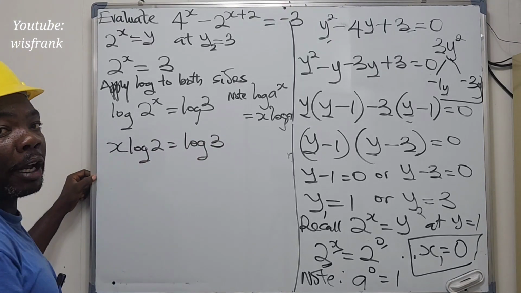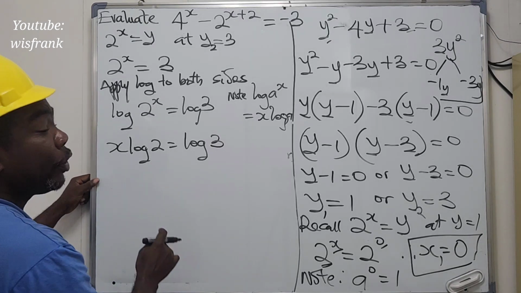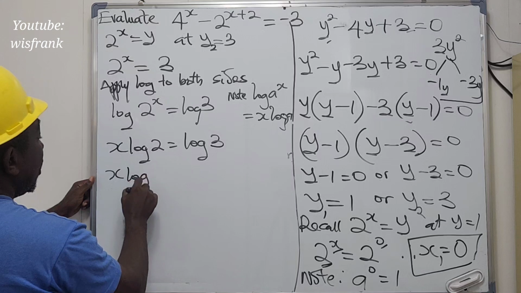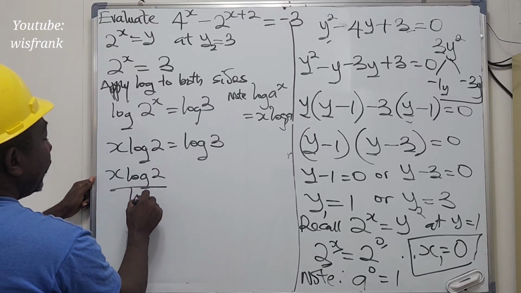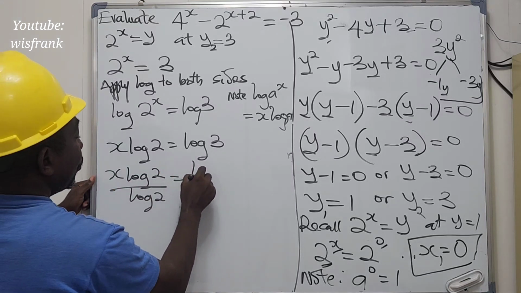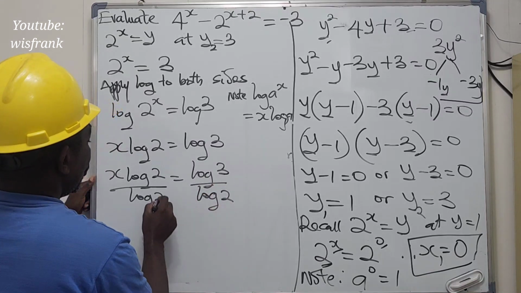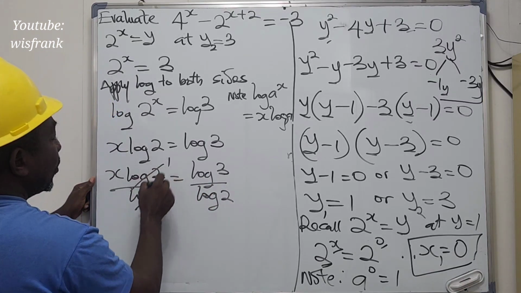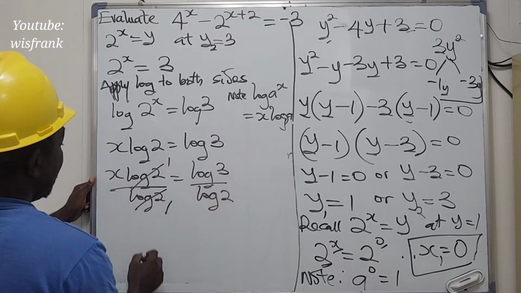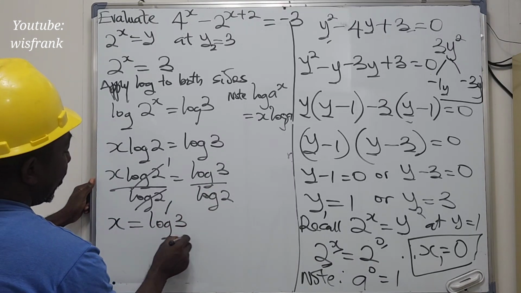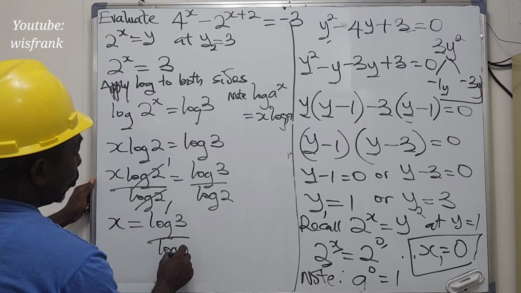So for us to find the value of x in this equation, we need to divide both sides by log 2. This will become x log 2 all over log 2 equals to log 3 all over log 2. Log 2 will cancel here and log 2 will cancel here. We are now left with this. So the value of x will be equals to log 3 all over log 2.